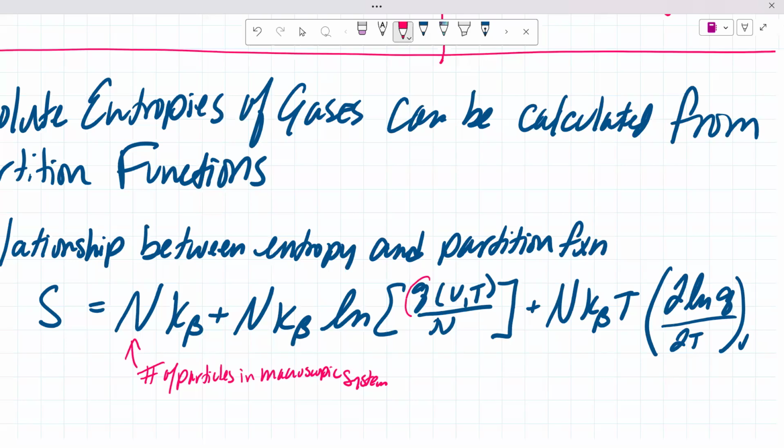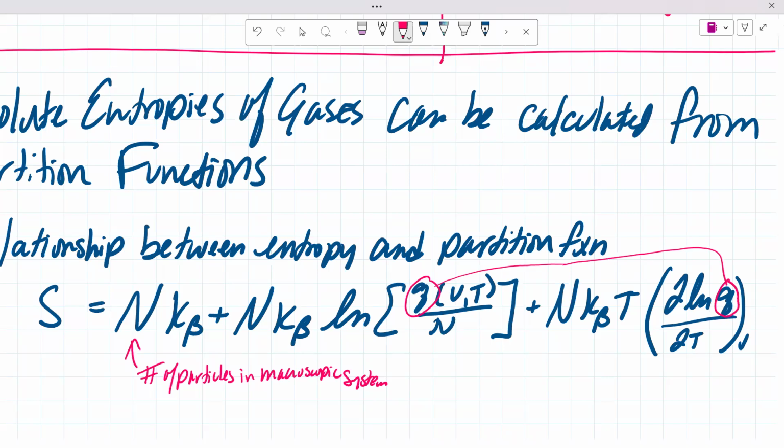And yeah, this could be a little bit confusing. Remember that we had Q plus W for heat and work, but we also had Q for the partition function. This is the microscopic partition function, not heat.